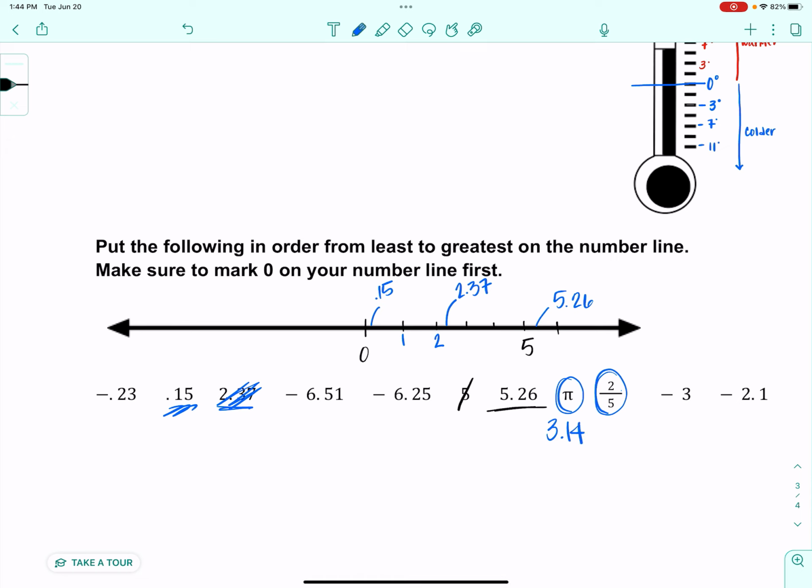So I can go put that on my line. I have a 1, 2, 3.14 might land right in here. 2/5, if you go put this in your calculator, you're going to end up with about 0.4. Well, that's smaller than $1, but more than 15 cents.